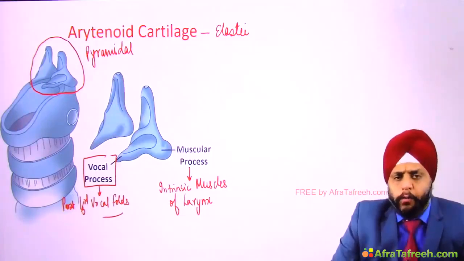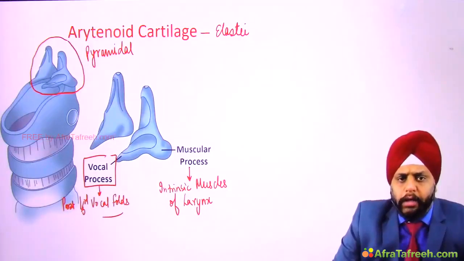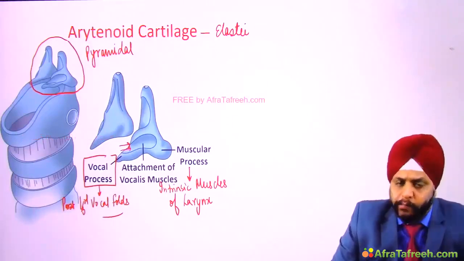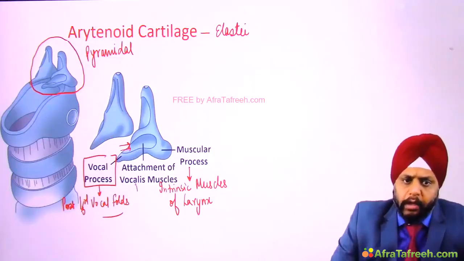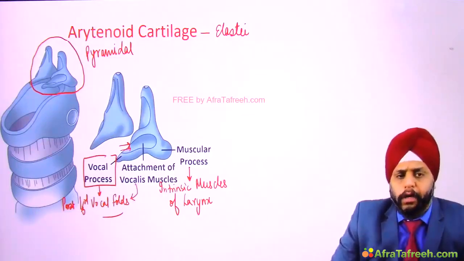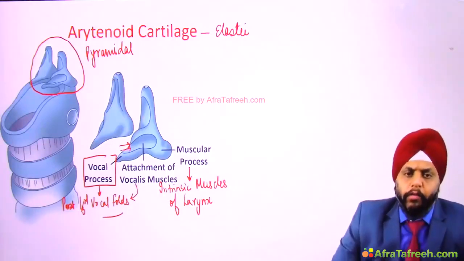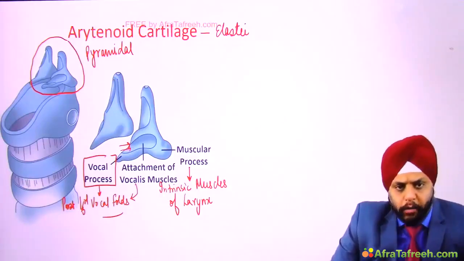Now on this vocal process, you can see over here that there is a depression. Now this depression is for the attachment of the vocalis muscle. The vocalis muscle is inside the vocal folds, and of course it is attached to the vocal process of the arytenoid.